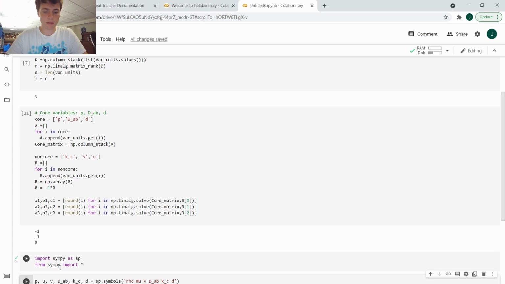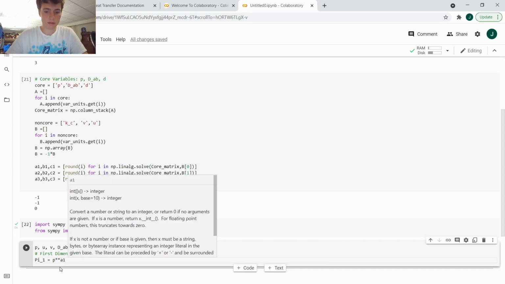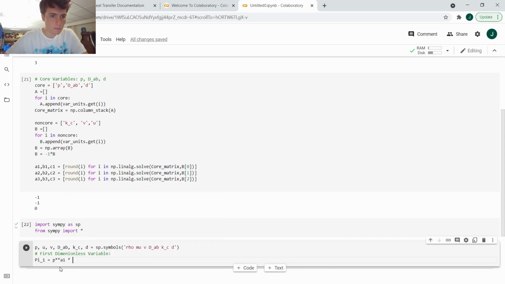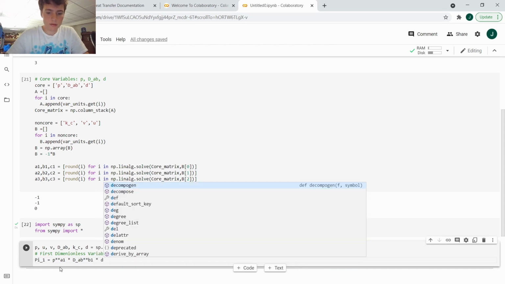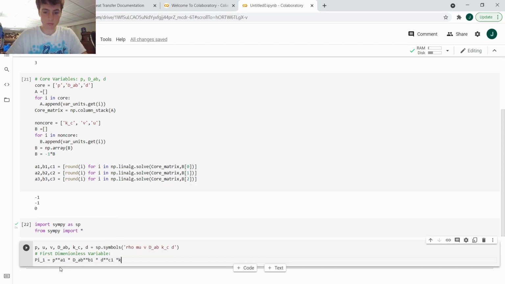So the first dimensionless variable, that's pi1. That's going to be density raised to a1 multiplied by dAB raised to b1, and then d raised to c1, and then multiplied by our non-core variable, which was k sub c.